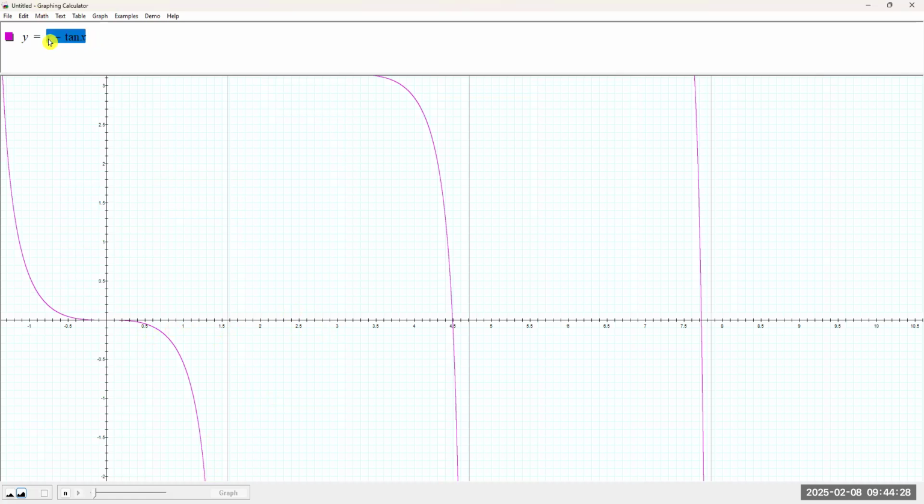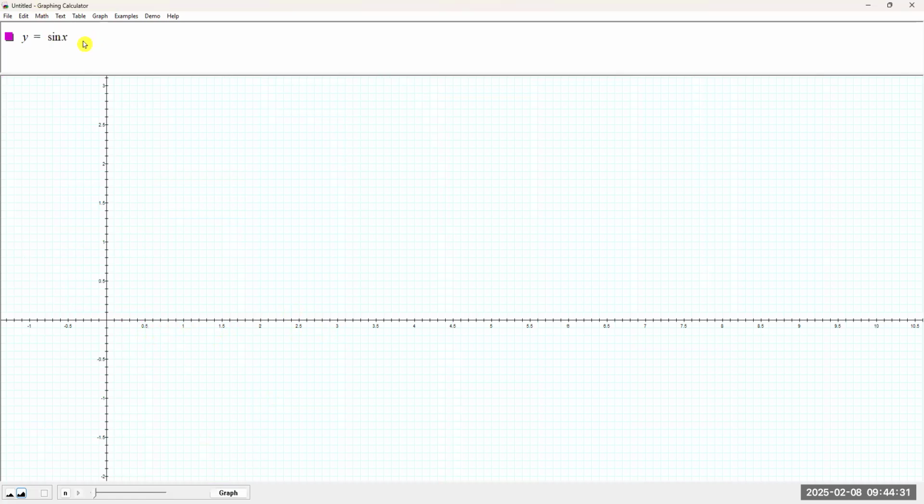You know what? Let's just see what the graph looks like then. Sine x over x, between pi over 4 and pi over 2.